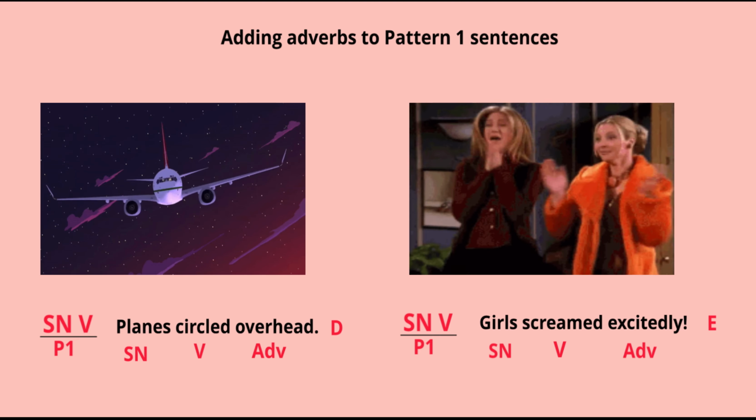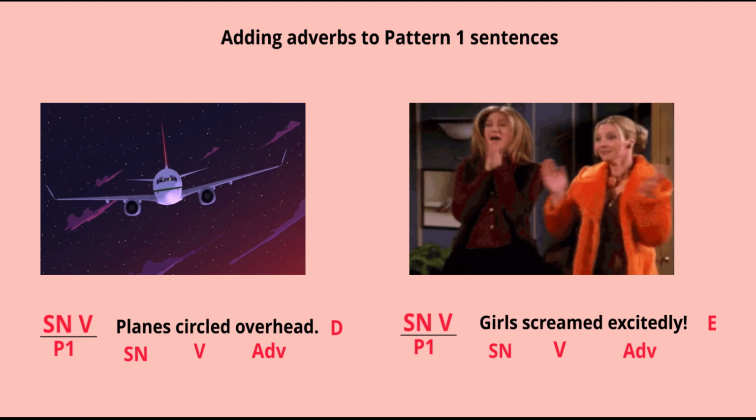And to identify an adverb, what do we need to see? What do we need to know? An adverb tells us how, when, where, why, how much, how often, to what extent, right? We have already studied about adverbs. Let's see if overhead is an adverb.